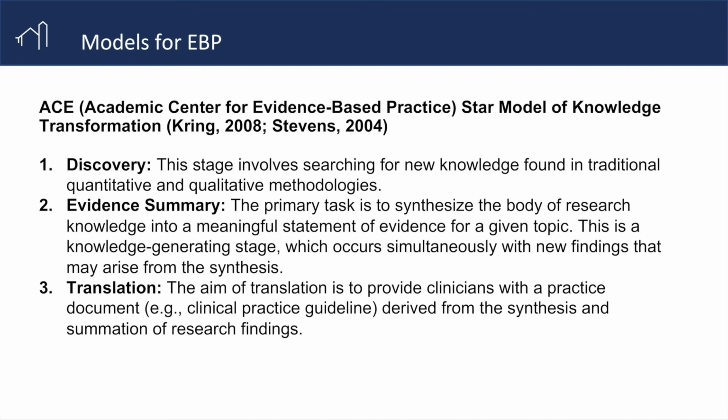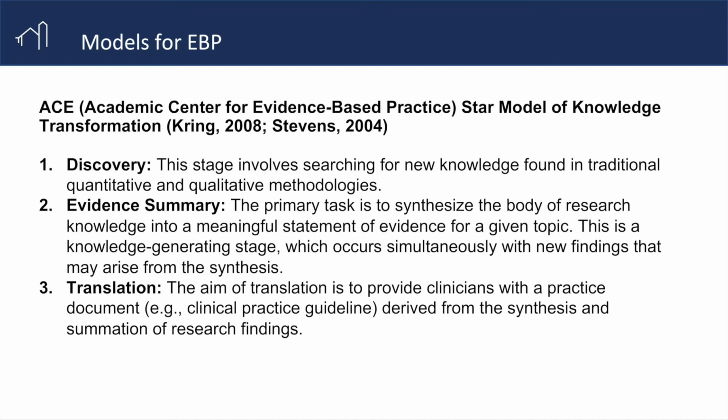Stage 2, evidence summary. In this stage, we synthesize research into a meaningful statement of evidence for a given topic. This is a knowledge generating stage which occurs simultaneously with new findings that may arise from the synthesis. So after collecting data, we then synthesize and understand the data that exists. Stage 3 is translation.